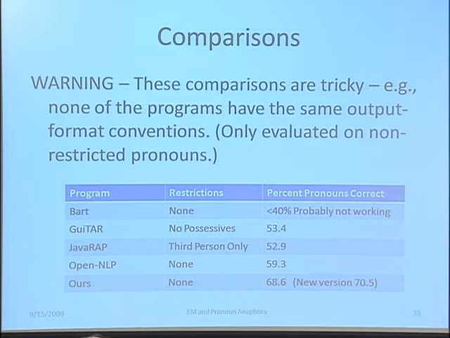Let me start out with this warning. These comparisons are tricky, and they're tricky because, for example, none of the programs have the same output conventions. They all mark their answers in a different way. So for each program, you've got to write a somewhat different scoring program. And there are other things as well.